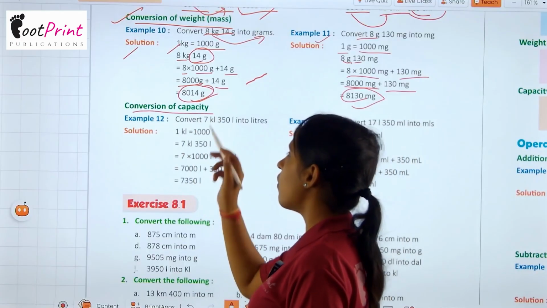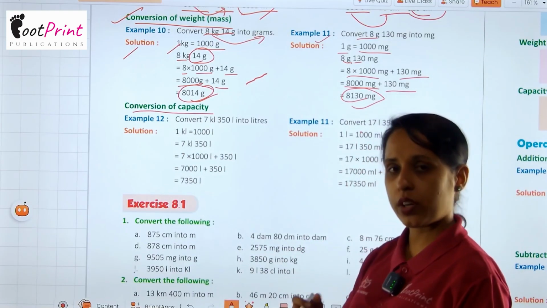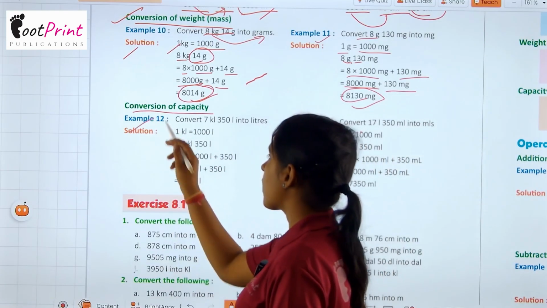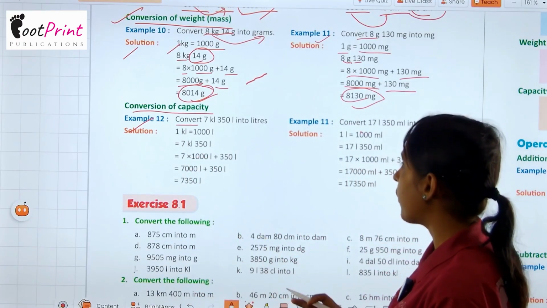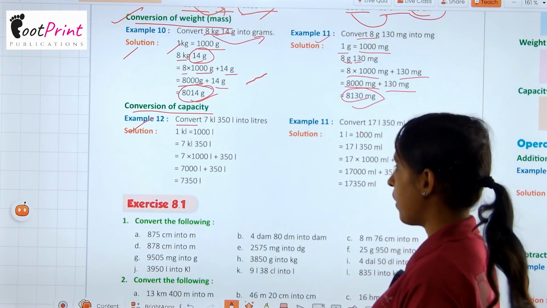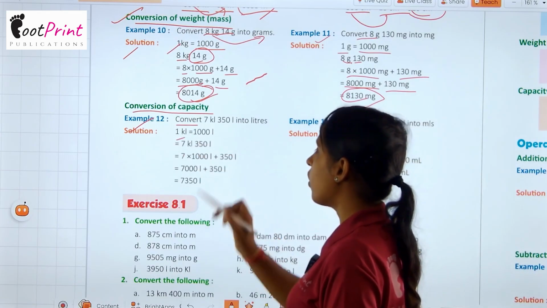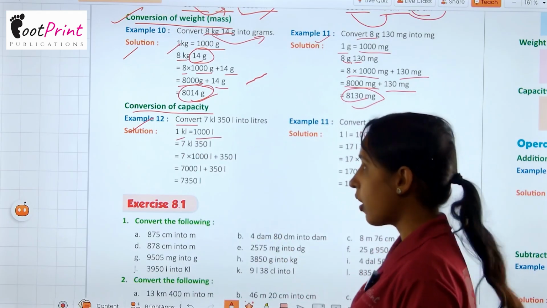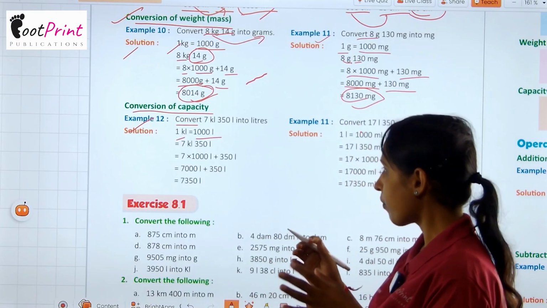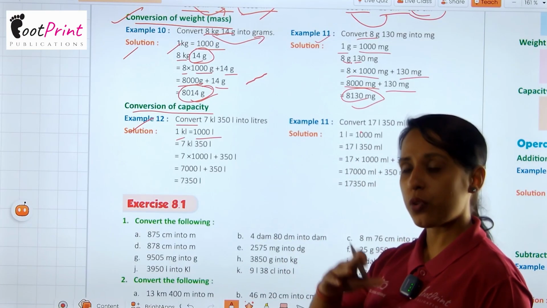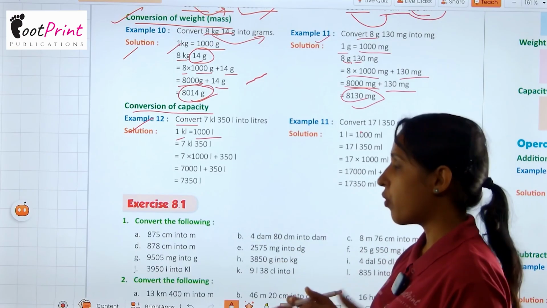Now we learn how to convert capacity units. So, conversion of capacity from bigger unit to smaller unit. Example number 12, convert 7 kiloliter 350 liter into liters. Here we know that 1 kiloliter equals 1000 liter, and we already know that we are converting bigger unit to smaller unit, that's why we will multiply.